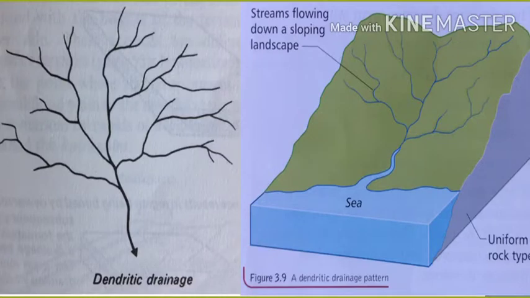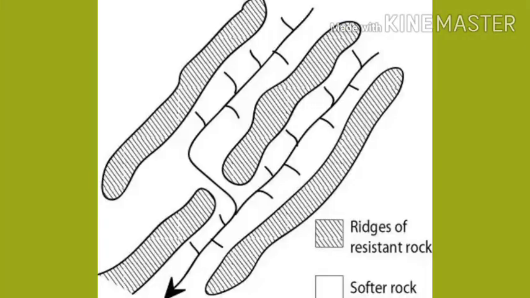The drainage pattern resembling the branches of a tree is called a dendritic pattern, an example of which are the rivers of the northern plains. When the primary tributaries of rivers flow parallel to each other and secondary tributaries join them at right angles, the pattern is known as trellis.